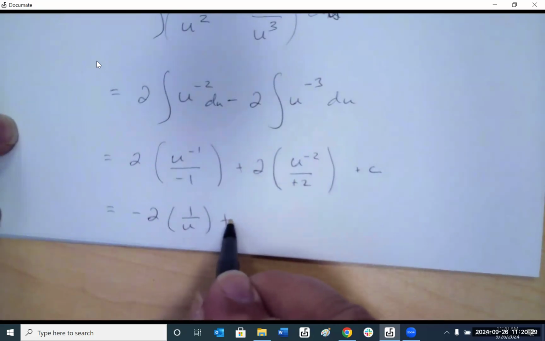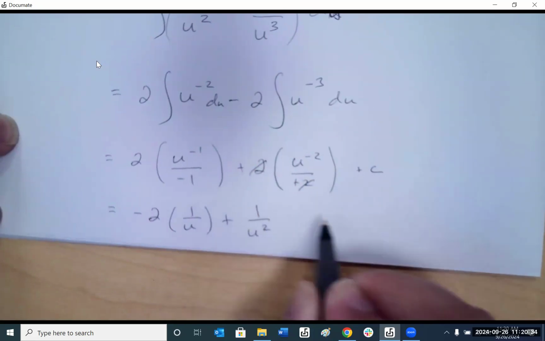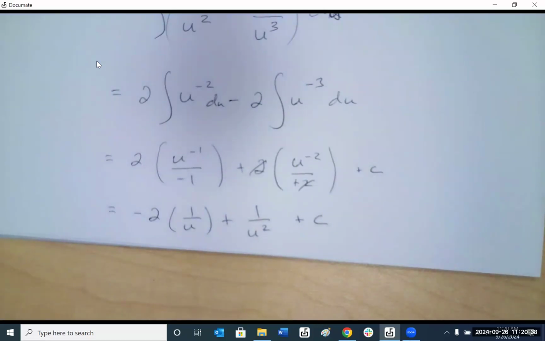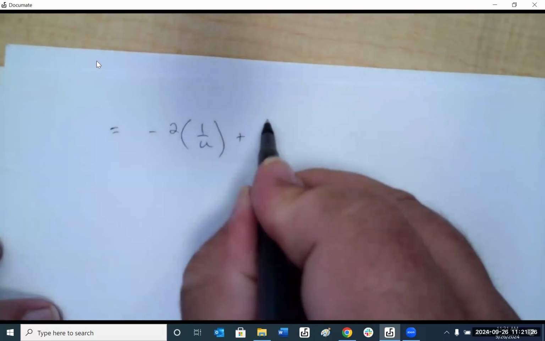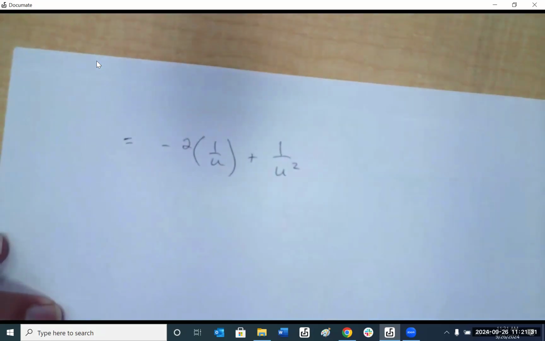The negatives cancel, the 2's cancel, so we have 1 over u squared, plus c.